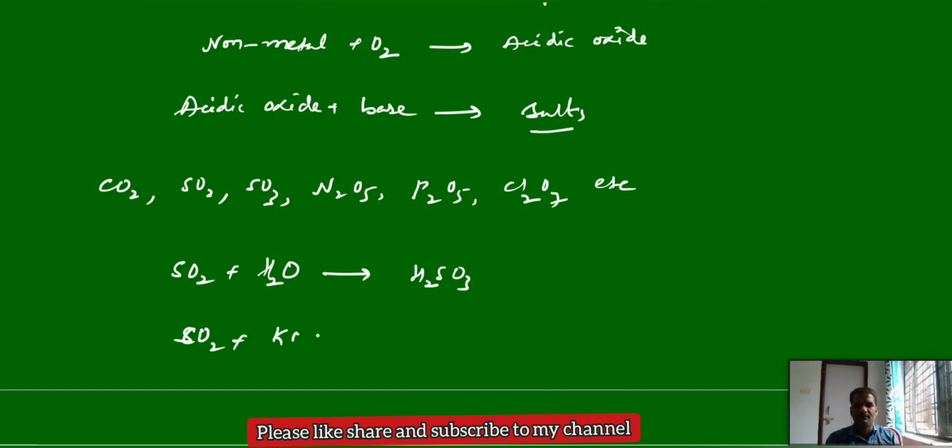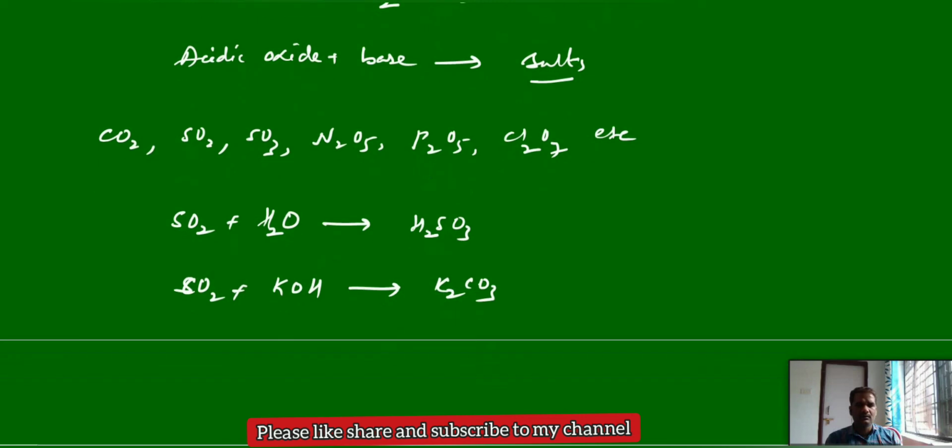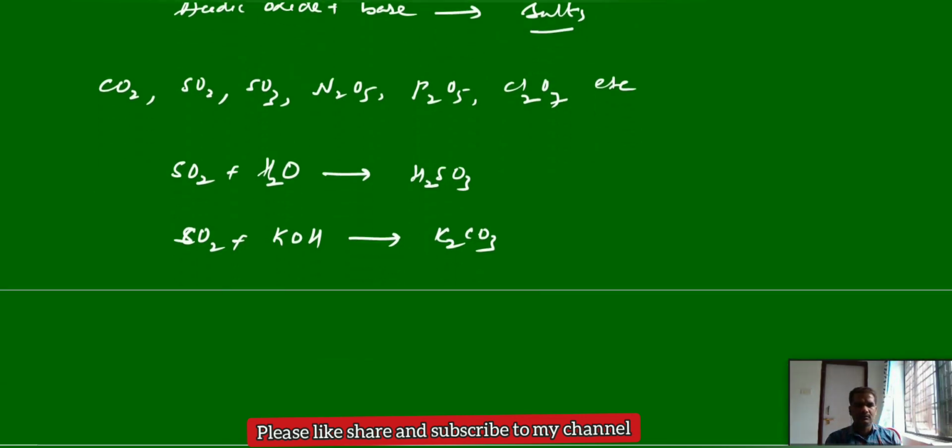If I treat it with a base, potassium hydroxide, it can form the salt potassium carbonate, an acid-base reaction type. These are a few important points about acidic oxides. Mainly I should remember that non-metals mostly form acidic oxides.